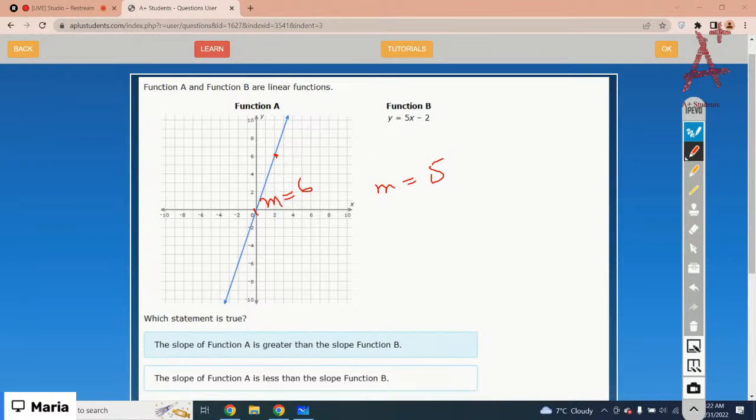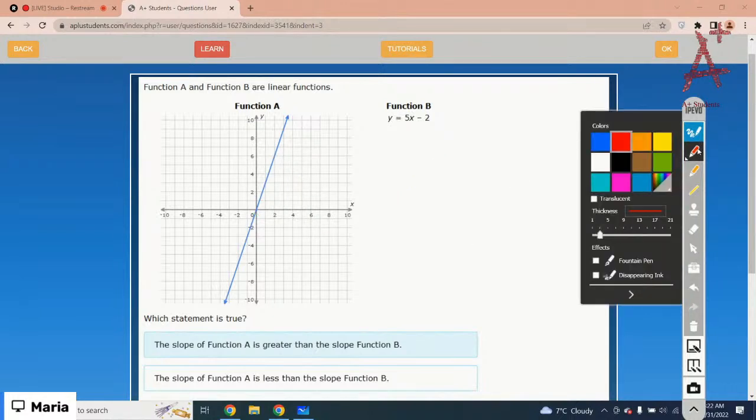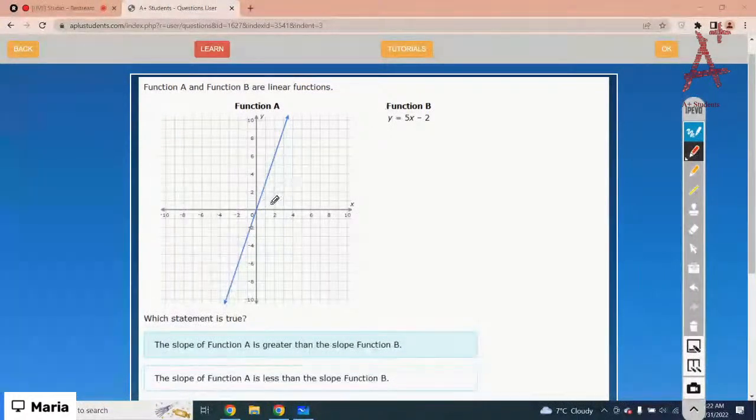How do I know the slope is 6 for this function? When working on the graphs, the slope is change in y. So just calculate what is the value from this point to this point. What is the change in y? 1, 2, 3, 4, 5. 1, 2, 3, 4, 5, 6.